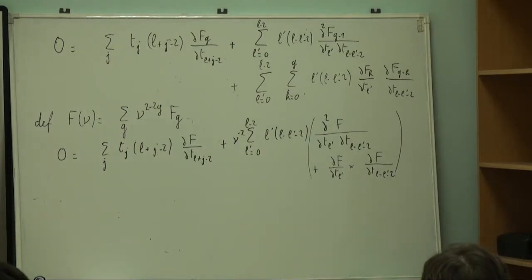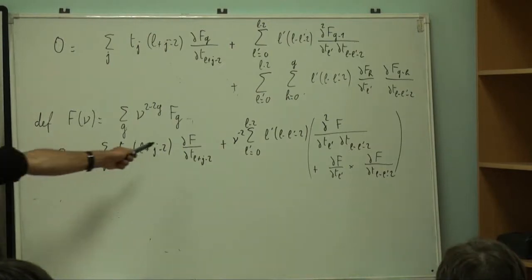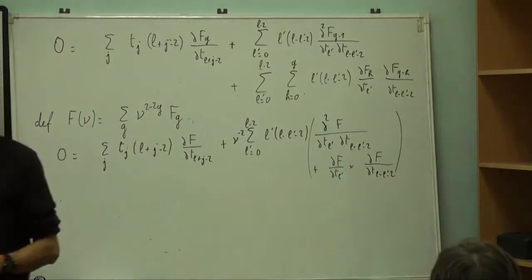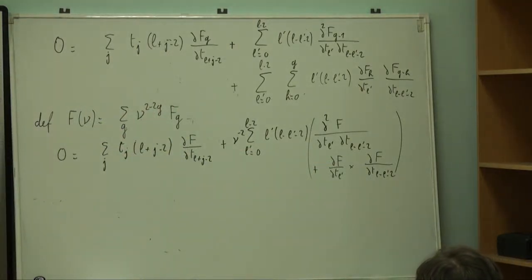Right. Now it's an equation which contains first derivative of f, second derivative of f, and the product of two first derivatives. It's a little bit like a Riccati equation. And the idea is to transform it like to a Schrödinger equation to make it linear.